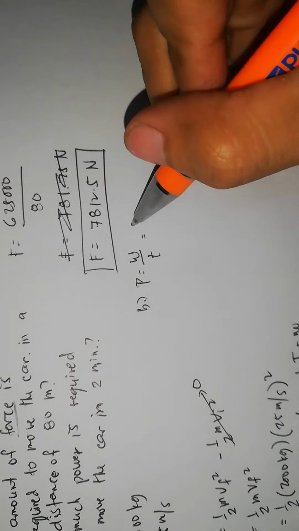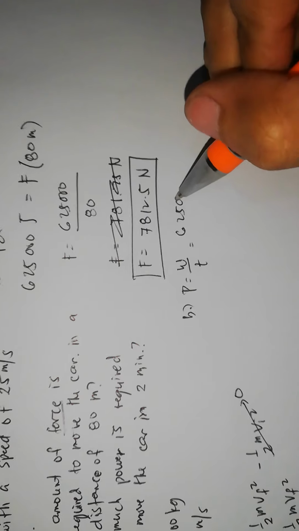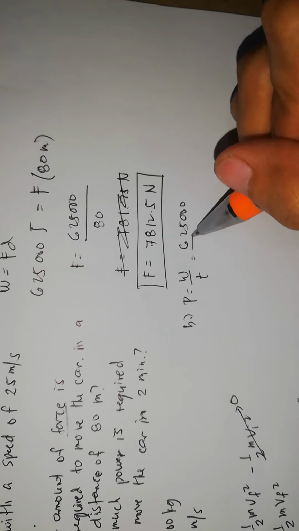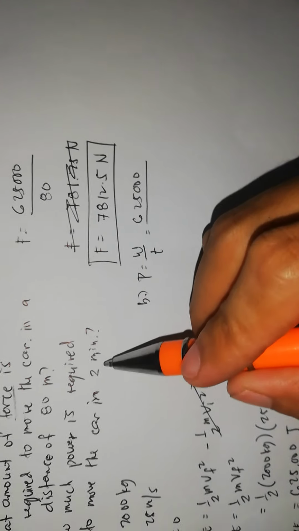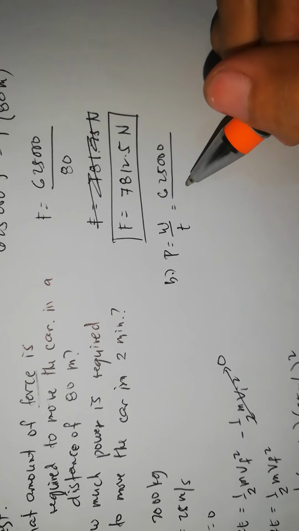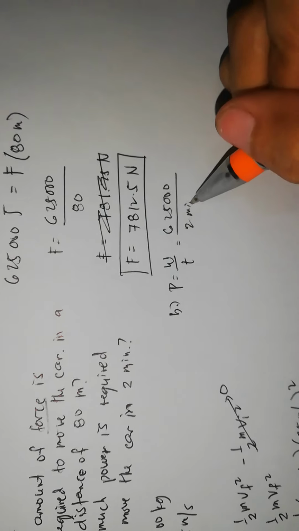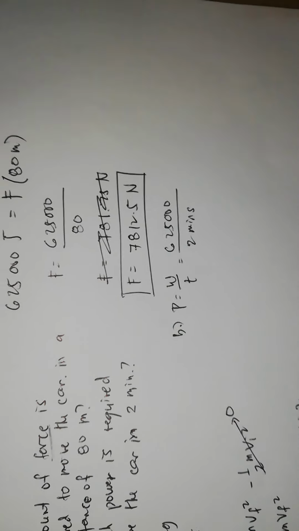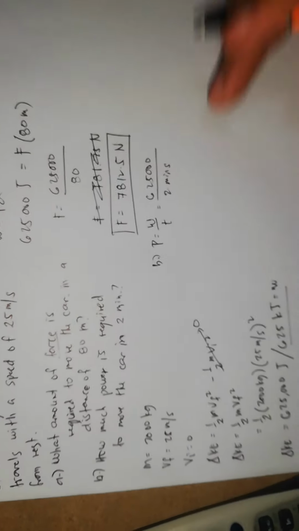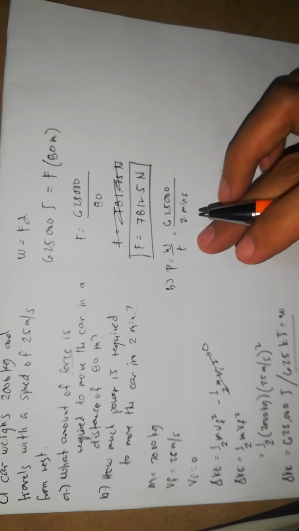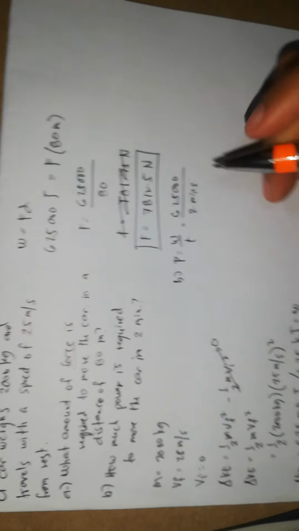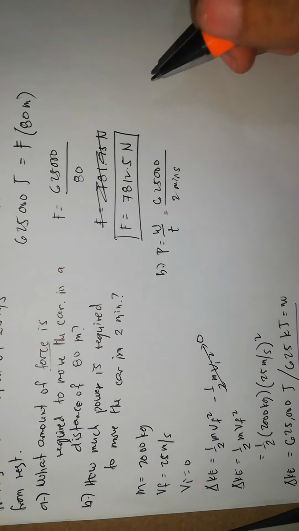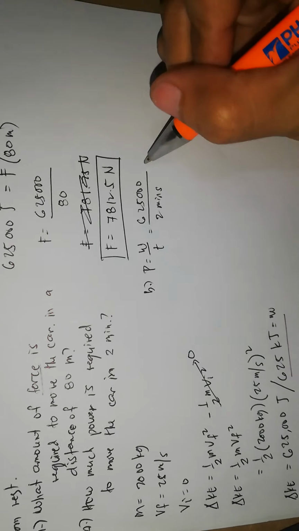So meron tayong 625,000 divided by 2 minutes. So, kung nabasa nyo na yung lesson natin, time should be in seconds, okay? So, we have to convert minutes into seconds, okay?